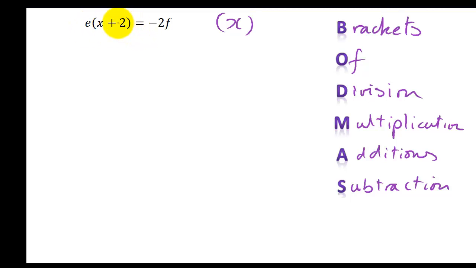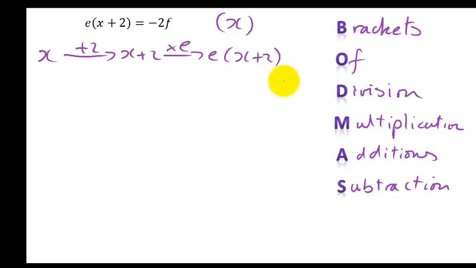Well, let's just do this with the flowchart method to start off with. So you've got x, and the first thing you do to it inside the brackets is add 2 to get x plus 2. Then we times by e to get e over brackets x plus 2. And we know that's equal to minus 2f. So the first thing we've got to undo is a times by e, divide by e.